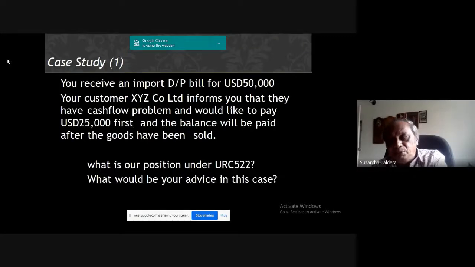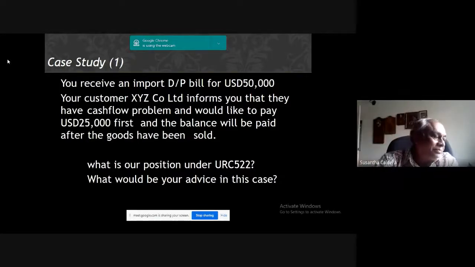As a good bank, you want to support the customer also. What can we do? Ravindra, what can we do?